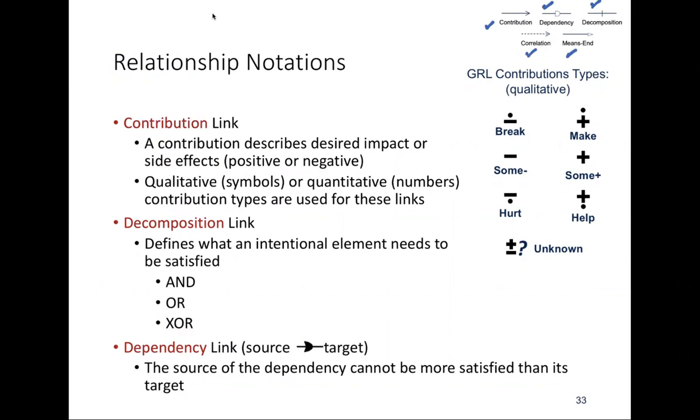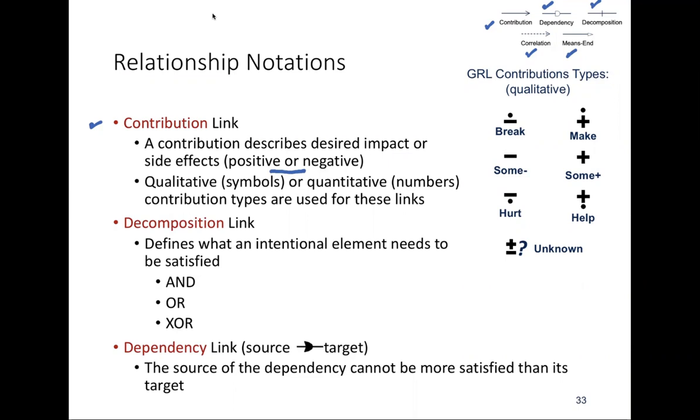If we do have a contribution link, a contribution would describe the desired impact or even the side effect. As I said before, it could be positive or negative. We could use some qualitative symbols or even quantitative numbers to describe the contributions on those links.